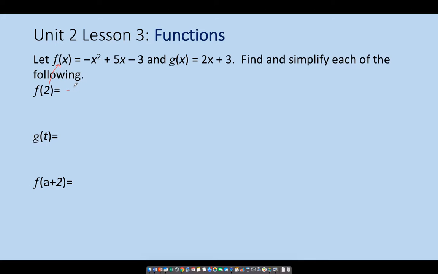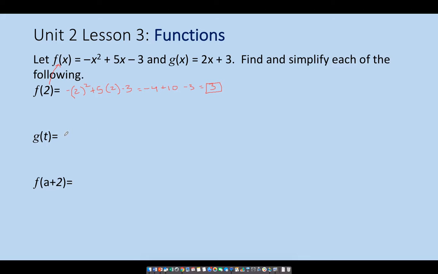So I get negative 2 squared plus 5 times 2 minus 3. Well, 2 squared is 4, so that becomes negative 4, plus 5 times 2, which is 10, minus 3. Negative 4 plus 10 is 6. 6 minus 3 is 3. So f of 2 is equal to 3.